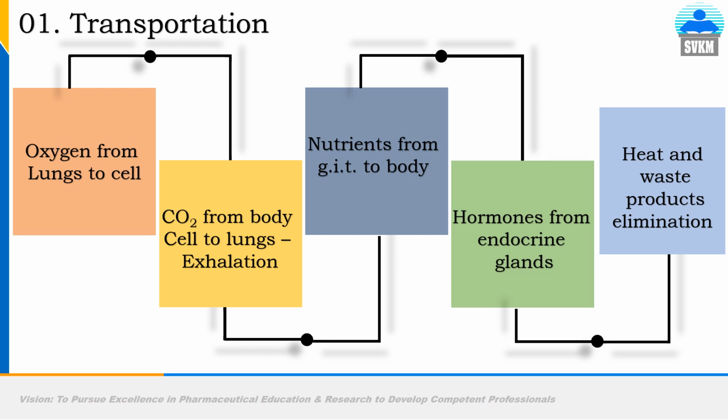Third, it transports the nutrients from the GIT to the body. Fourth, it transports the hormones released by the endocrine glands to the other body cells. And last, it is also involved in the elimination of the extra heat and the waste products which are generated inside the body, out of the body.